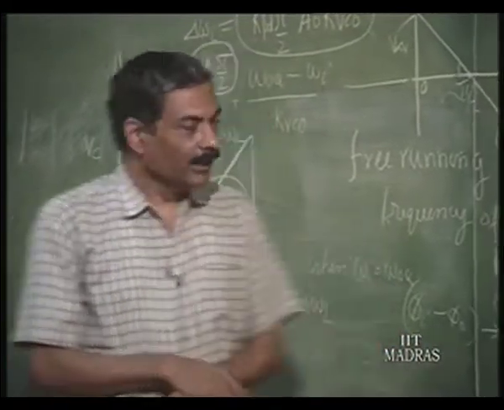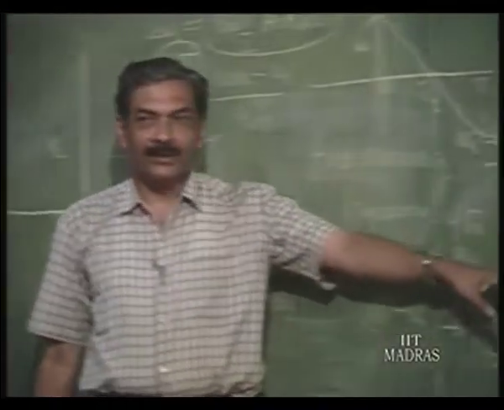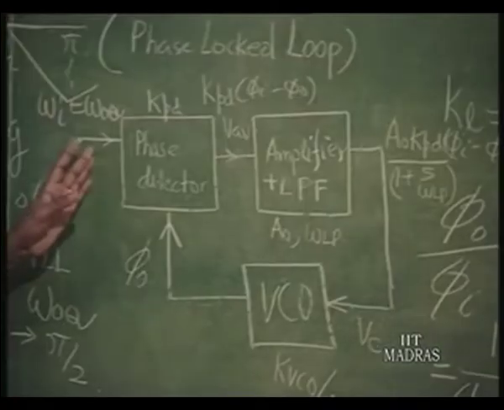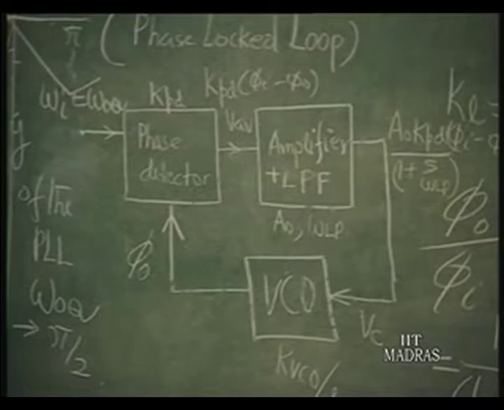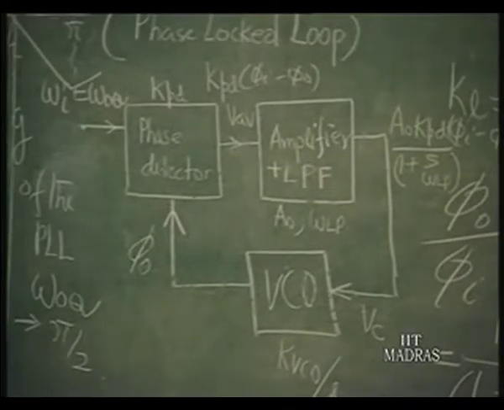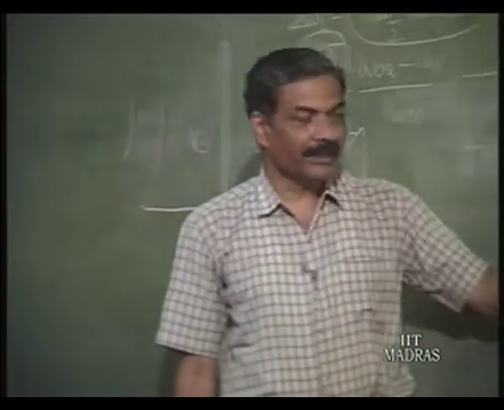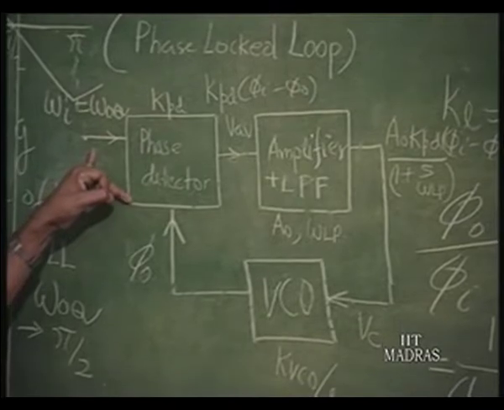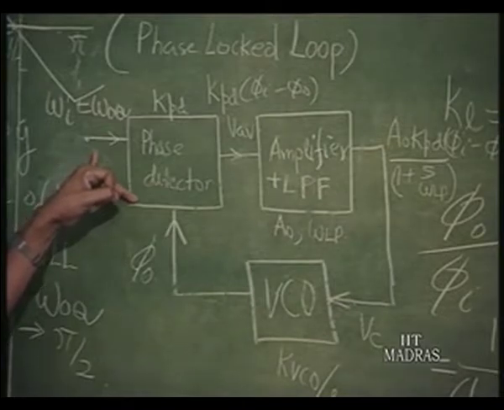This is important. Therefore, if I say that it is free running at omega naught q and omega I is not equal to omega naught q to start with, there is a problem of capture. The problem of capture does not arise if I have started very close to him. If omega I is equal to omega naught q, I have already captured his interest and I can take him anywhere.